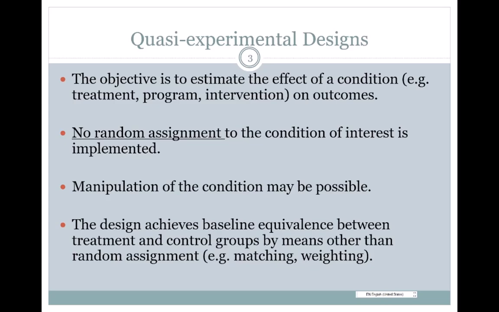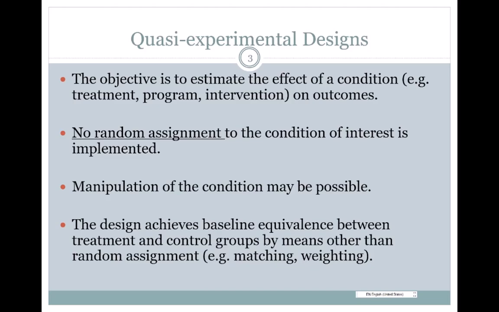What's different between a quasi-experimental design and correlational studies is that for a design to be quasi-experimental, there needs to be baseline equivalence between treatment and control group. Now, in experimental designs, baseline equivalence is achieved with random assignment. In quasi-experimental designs, baseline equivalence is achieved by means other than random assignment, such as matching participants or weighting participants.